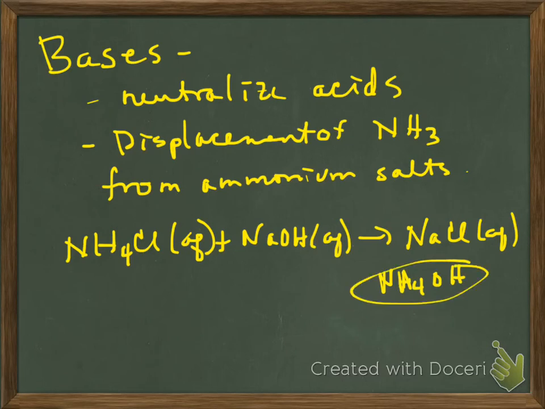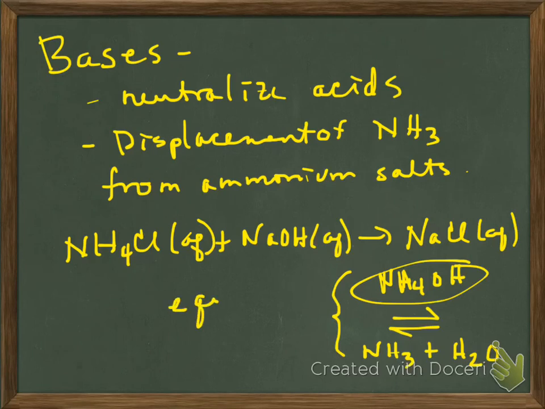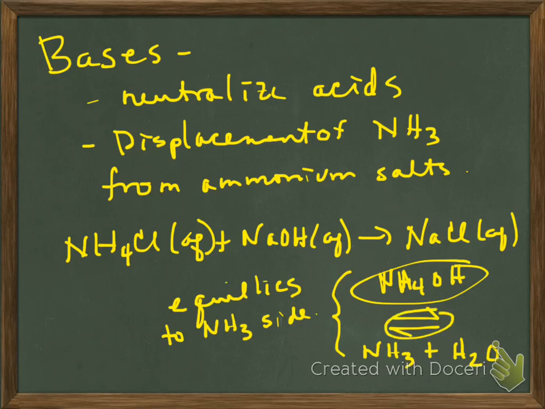This sets up an equilibrium with ammonia and water, and that's something to know. This equilibrium lies to the NH3 side, so it is probably more accurate to write this as that.